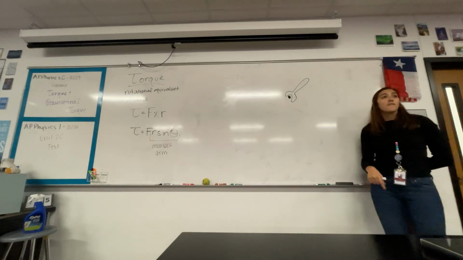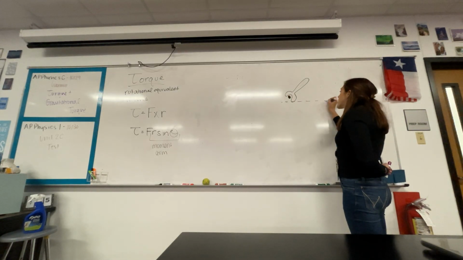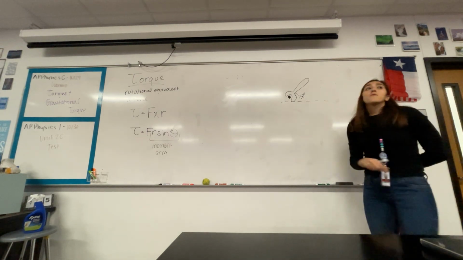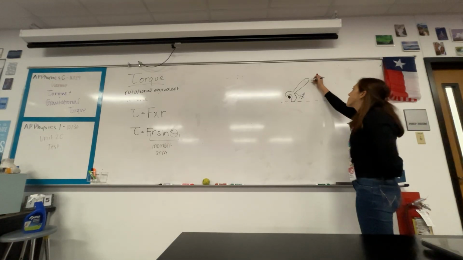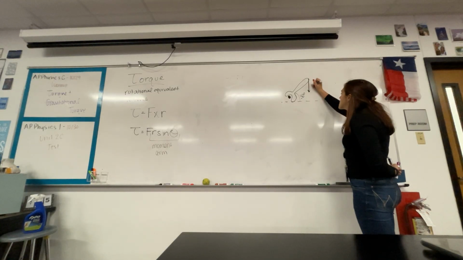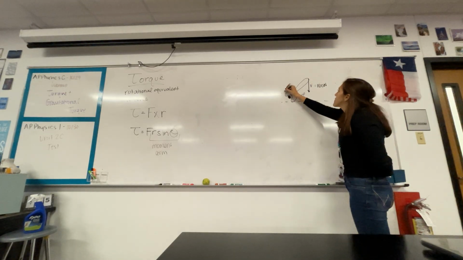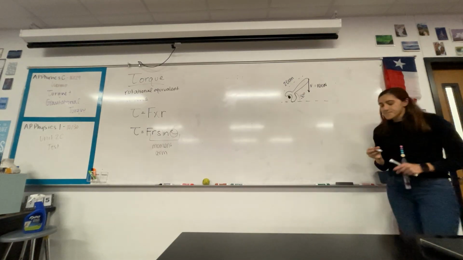So I feel really proud of my wrench. This wrench makes a 30-degree angle with the horizontal. And I am going to tighten this lug nut by pulling straight down with 100 newtons of force. I'm going to pull down on the end with 100 newtons of force. And my wrench happens to be 20 centimeters long.